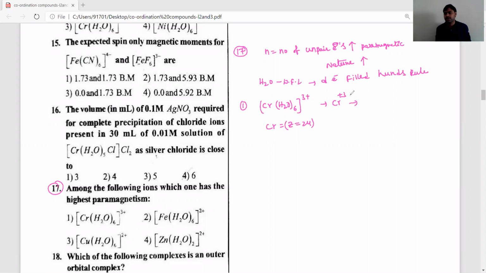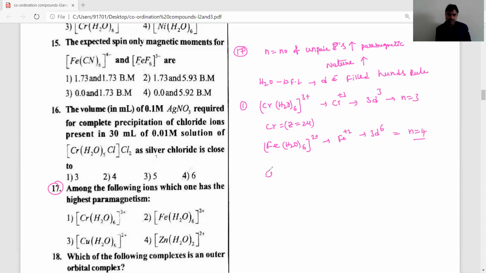Then we need to remove 3 electrons, so it becomes 3d3. Next one is iron, [Fe(H2O)6]2+. Iron is present in the plus 2 state, and its electronic configuration is 3d6. 3d3 means n is equal to 3. Here d6 means n is equal to 4.